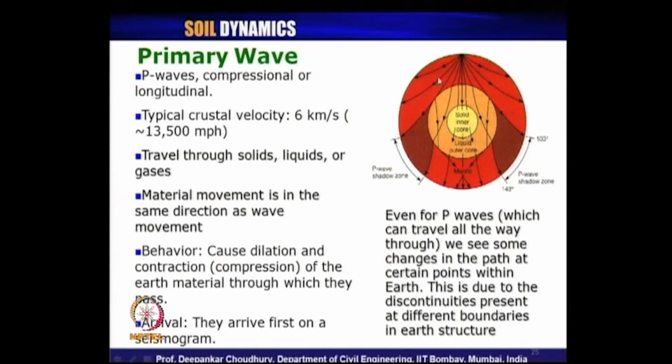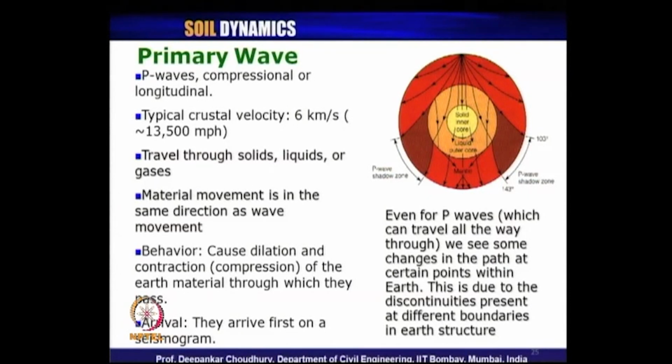And we have seen from this picture in the previous lecture that if the focus or epicenter of the earthquake is somewhere here, then waves keep on traveling everywhere, and that is why when any earthquake happens, we say it gets recorded all over the world wherever seismograms are located.